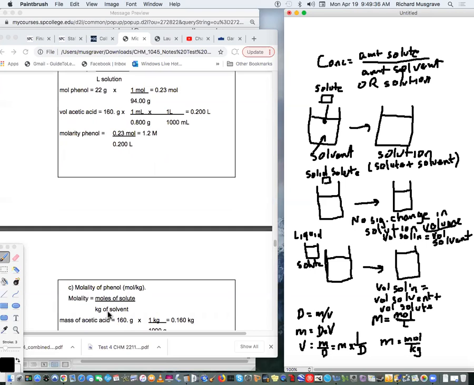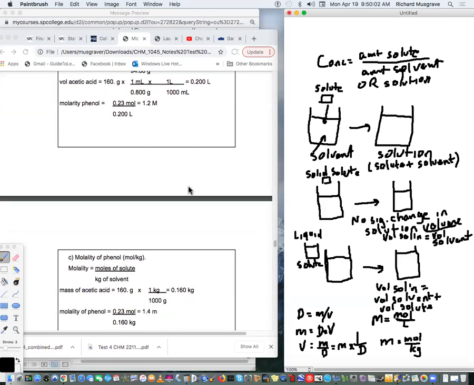But what the temperature doesn't change is the mass of the solvent. So molality is often used in applications where temperature is important. And one of those will be when we're considering boiling points and melting points. You know, we're freezing and boiling stuff. That's when molality is really going to matter. And I'll show you examples of that in a little bit.